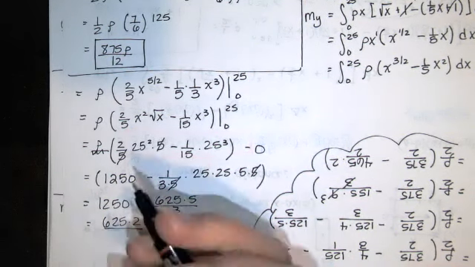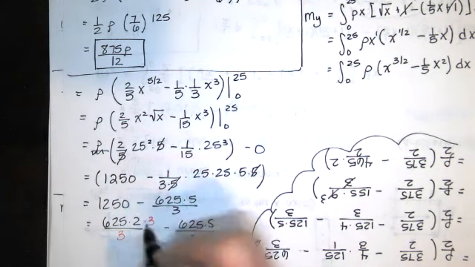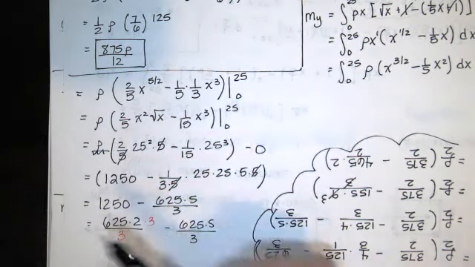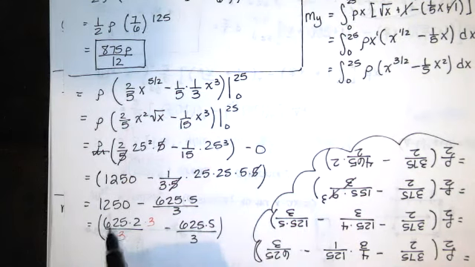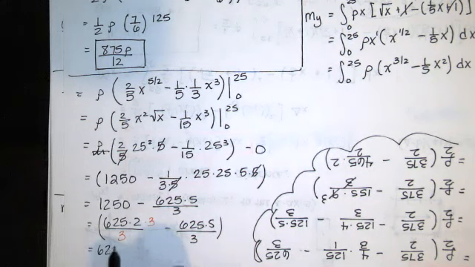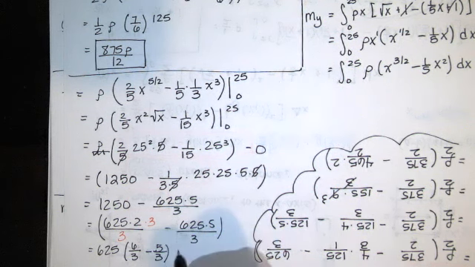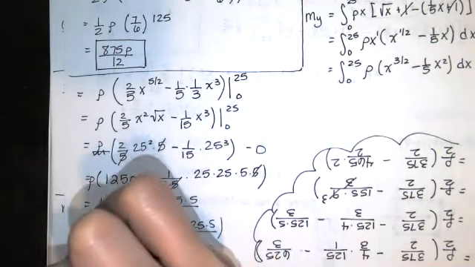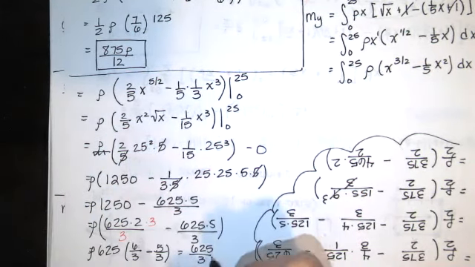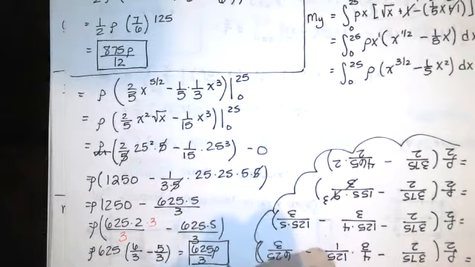So I want this denominator to be a 3. So I'll multiply by 3/3. And then I'll have 625 times 6/3 minus 625 times 5/3. And then 6/3 minus 5/3 is, of course, 1/3. So we end up with 625/3. And somehow I lost my rho. So we're going to multiply by rho.